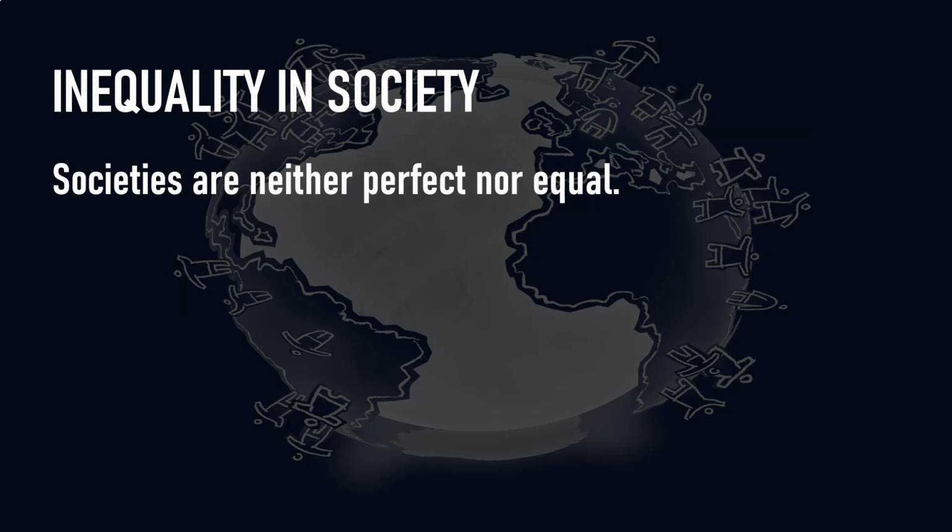And also, societies are neither perfect nor equal. There's no utopian society where everything is the way it's supposed to be. And often in societies, people are mistreated on account of certain principles. For example, in Indian society, in the past, we erected a caste system where the Dalits or the scheduled castes are mistreated on account of their occupation.